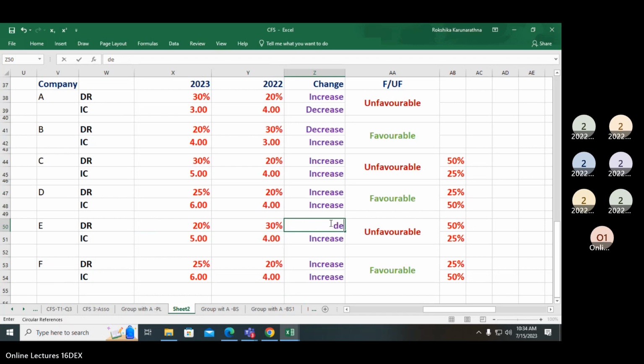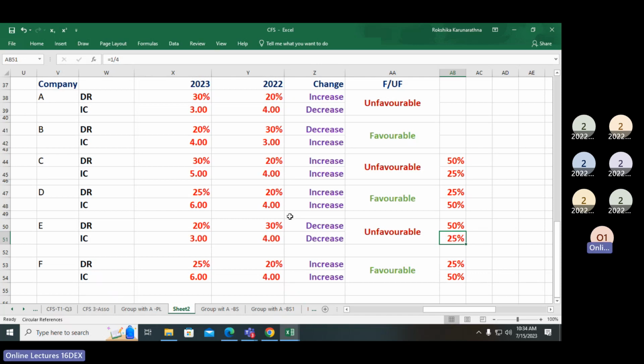Decrease. මේකත් මෙතන decrease එක තියෙන්නේ 50%. Decrease. 4 to 3. That also decrease. Decrease by 25%. Risk decrease. Risk decrease can favorable.